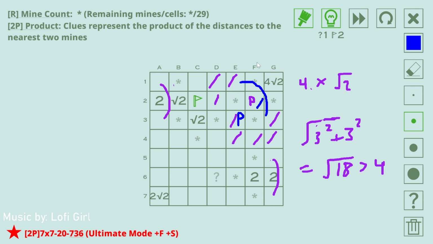That's 3 away, which is root 9, which is greater than root 8, so it doesn't get considered by this cell over here. So what I mean to say is that we do have options.